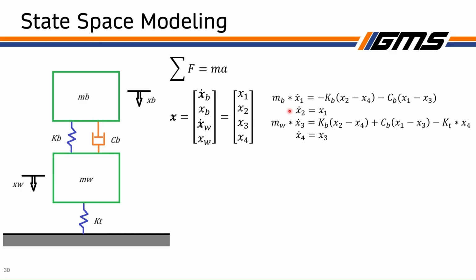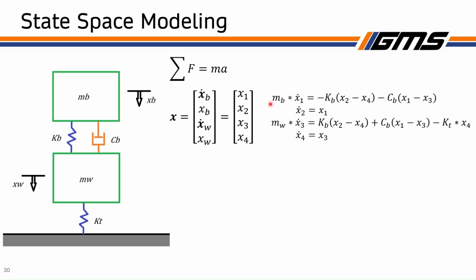Now here we have x2 dot, right? Really what we're doing is we're trying to find the derivative of this vector right here. So we figure out what is x2 dot. Well, x2 is equal to xb, so x2 dot is equal to xb dot. Well, xb dot is equal to x1. So x2 dot is equal to x1, and then x4 dot, similar thing over here, x4 dot is equal to x3.